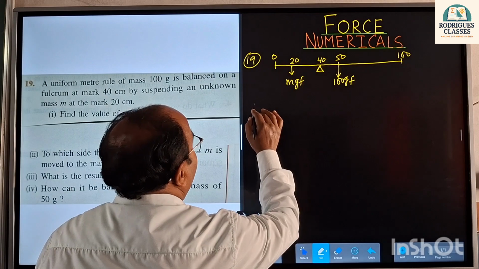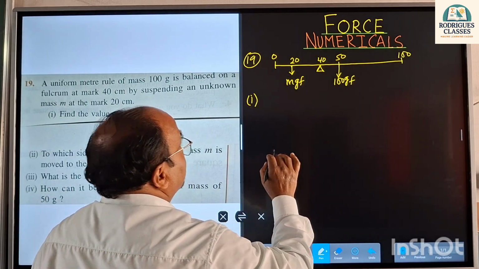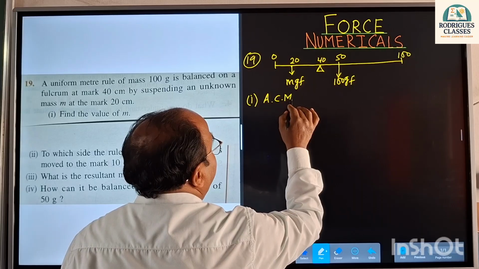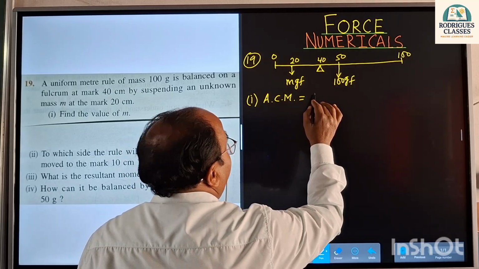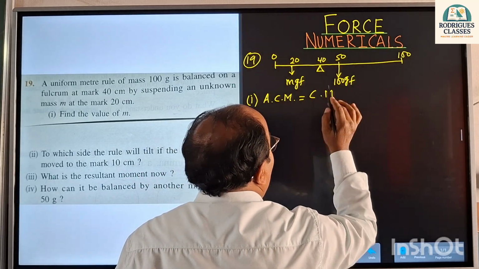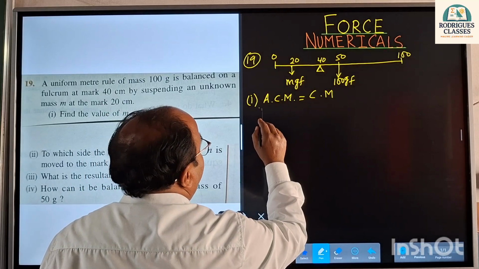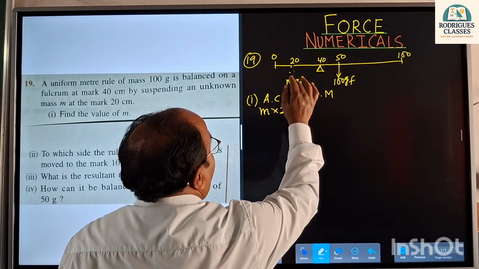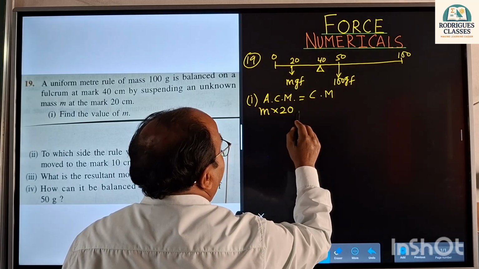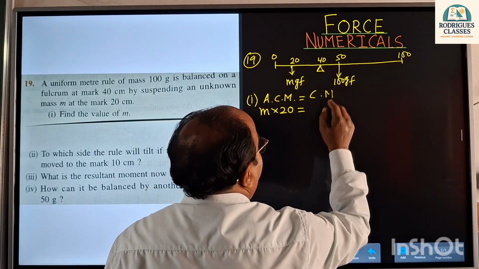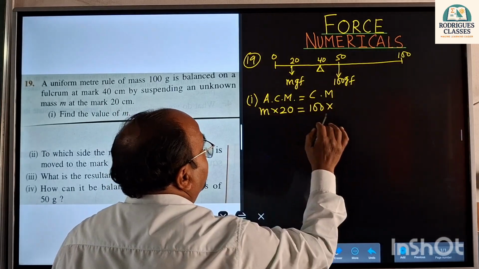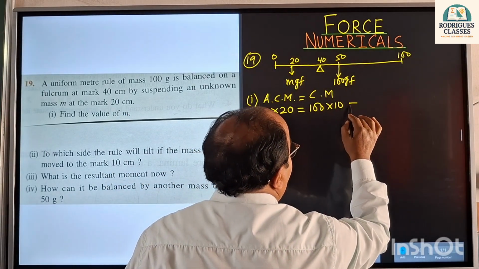So we go to find the first part. So I will write here anti-clockwise moment, in short ACM, will be equal to clockwise moment. So here it will be m into, from 20 to 40, the length will be 20, and then 100 into, from 40 to 50, the length is 10.